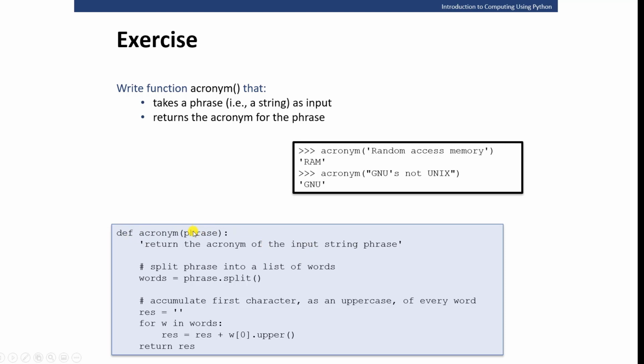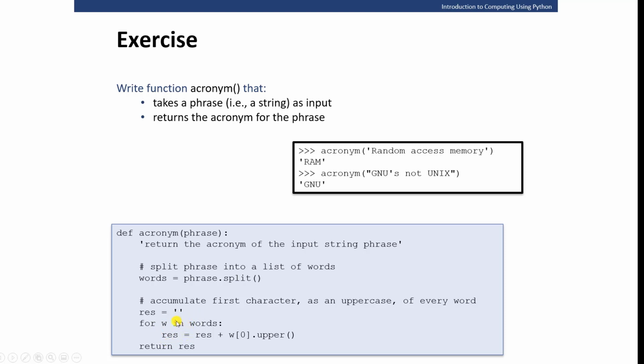So the function will take a phrase as the input argument, and then we split that phrase into a list of words. After that we're going to assign an empty string. After initializing the accumulator to an empty string, we're going to iterate over each word in that list.